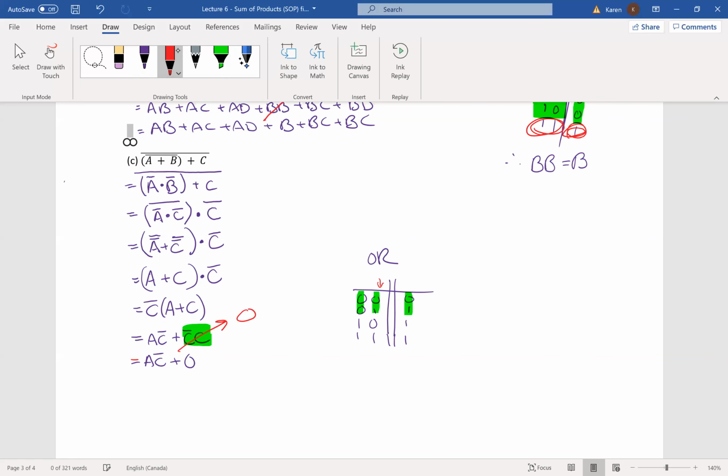It's going to be the same as this input. So the output is the same as the input, which means that all of this goes to A C bar equals A C bar. And this is described as one of our theorems.